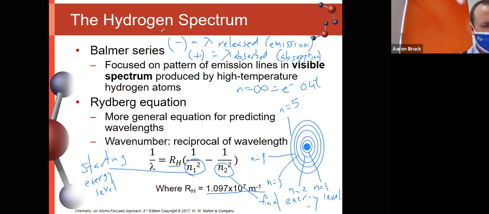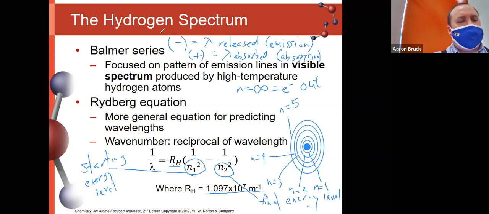And this should make sense, right? If my starting energy level is 1 and my ending energy level is 2, that would require an absorption of energy to jump up in energy level. 1 over 1 squared is 1. 1 over 2 squared is 1/4.